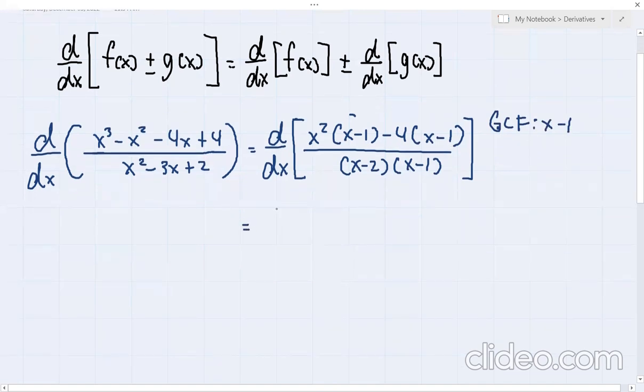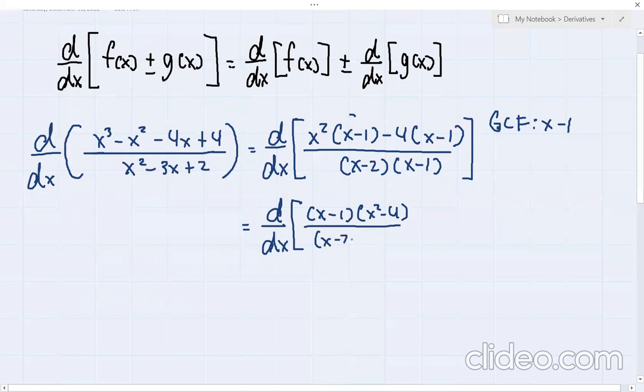So therefore, we will have the derivative of quantity x minus 1 times quantity x minus 4 all over quantity x minus 2 times quantity x minus 1.